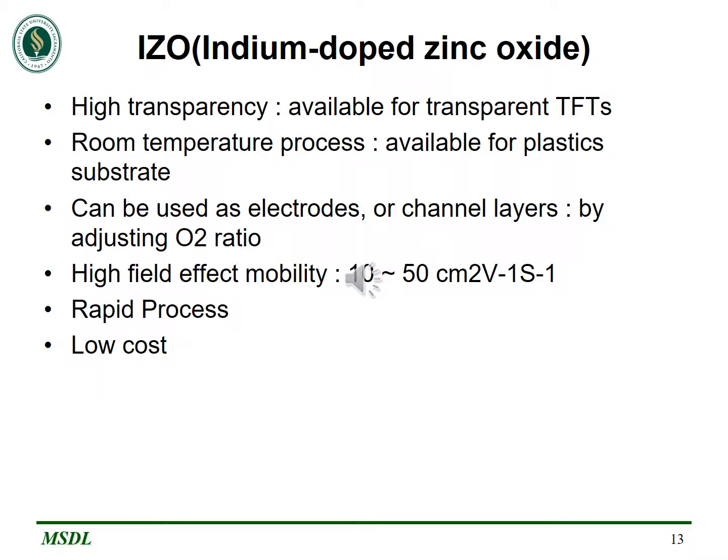Indium doped zinc oxide, or IZO, also has the same advantages of being highly transparent, working at room temperature, and having a very high field effect mobility. It is also fast, but the main advantage of indium doped zinc oxide is that it is low in cost.